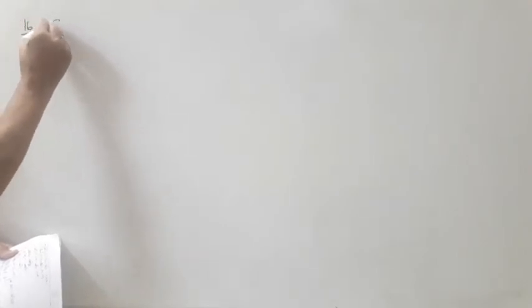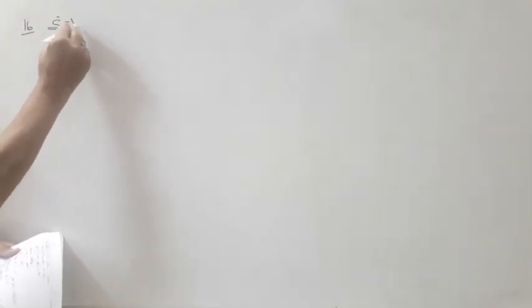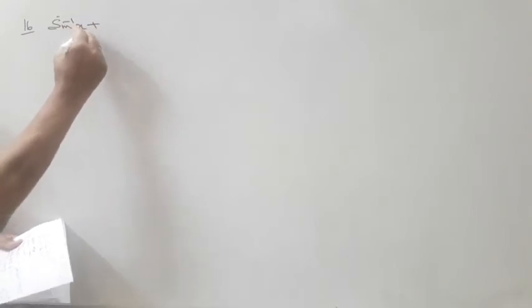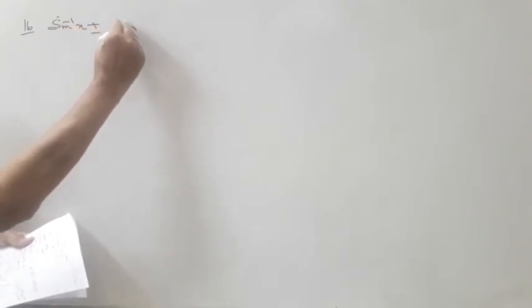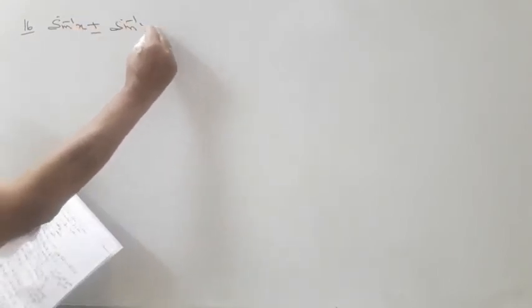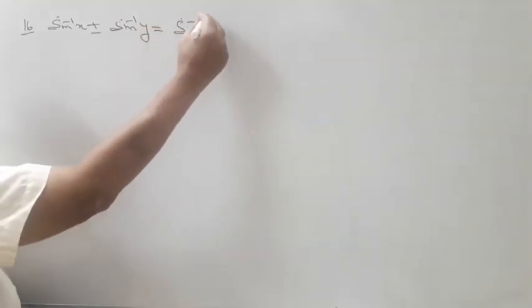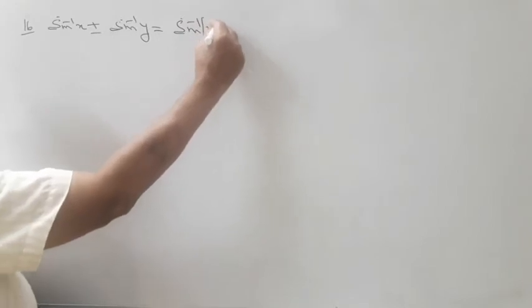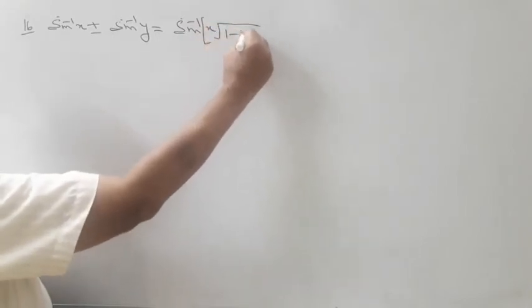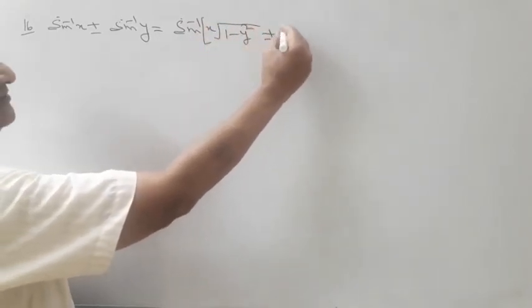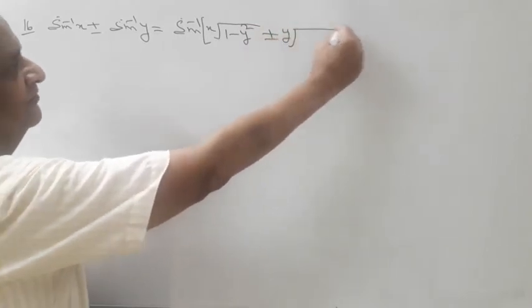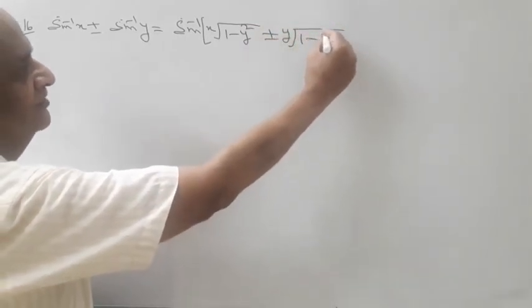Result number 16 we can add. It is sine inverse of x plus or minus sine inverse of y. This is equal to sine inverse of x under root of 1 minus y square plus or minus y under root of 1 minus x square.